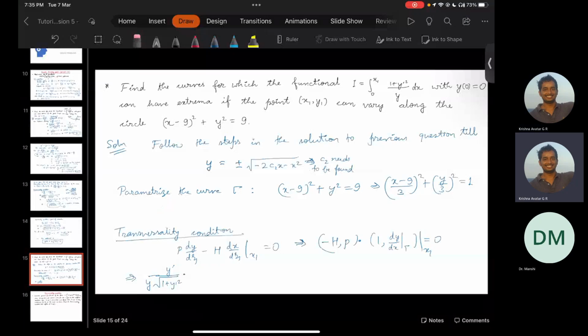So we'll have 1 by 2 root over 9 minus x minus 9 whole square, and again the derivative of the term within the square root. So we'll have minus 2 into x minus 9. And the other term, as minus into minus is plus, and y into root over 1 plus y prime squared into 1 is equal to 0.